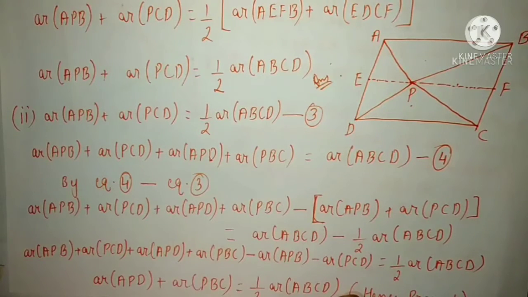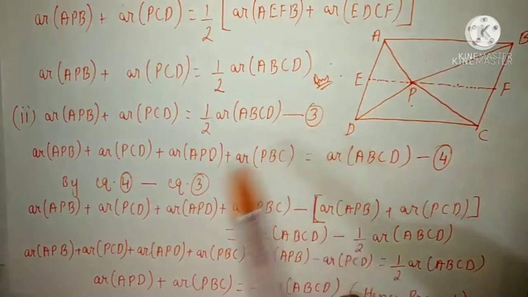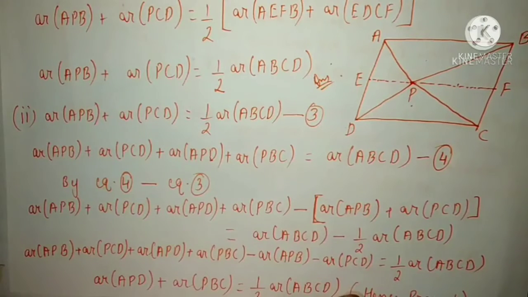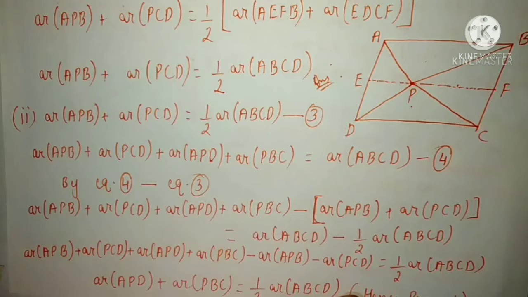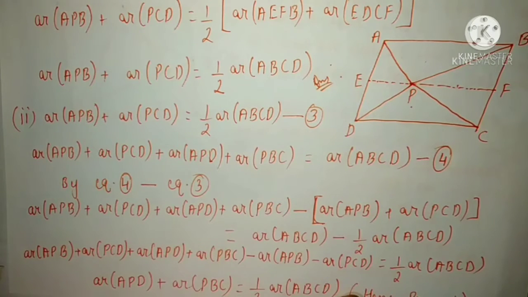Now what we will do, we will subtract equation number 3 from equation number 4. So equation number 4 minus equation number 3. First subtract the LHS.